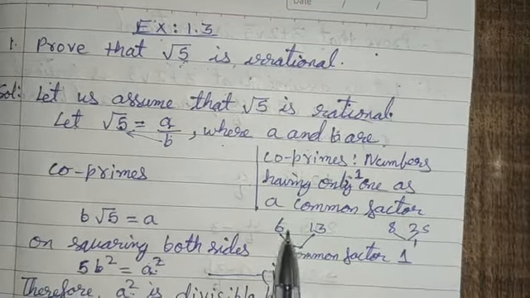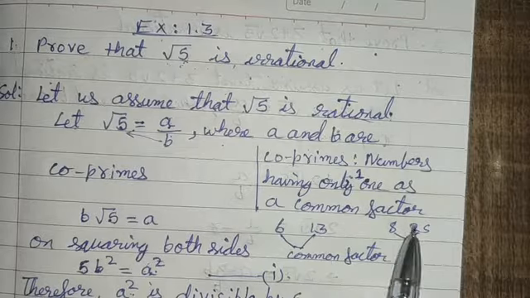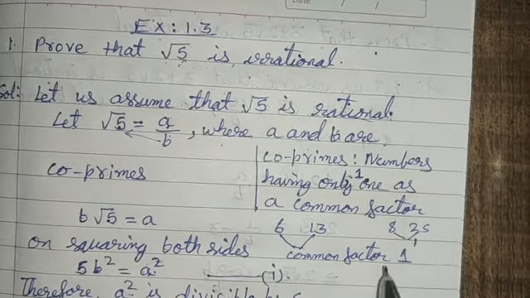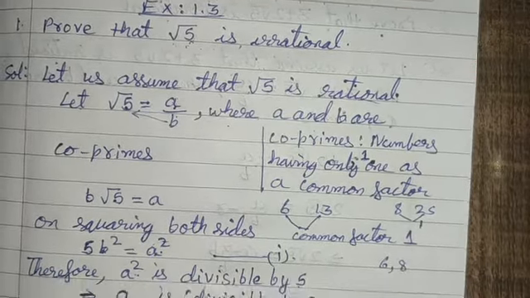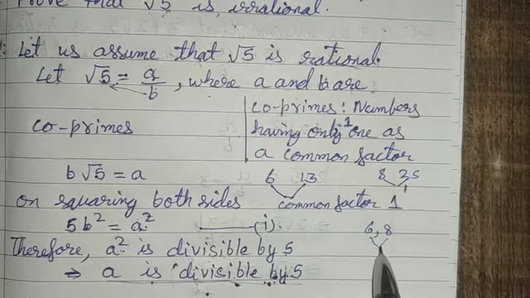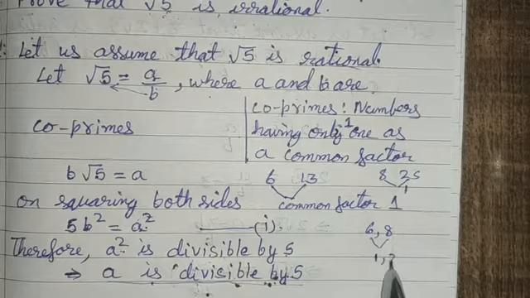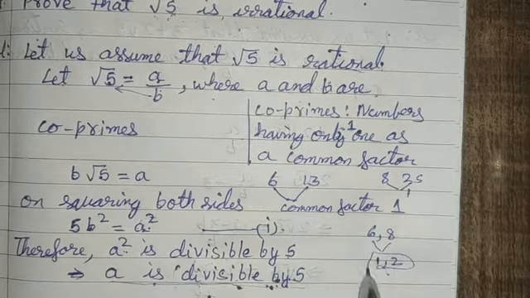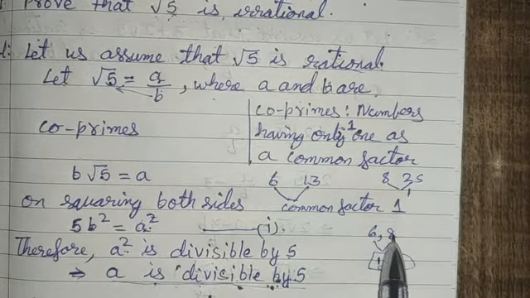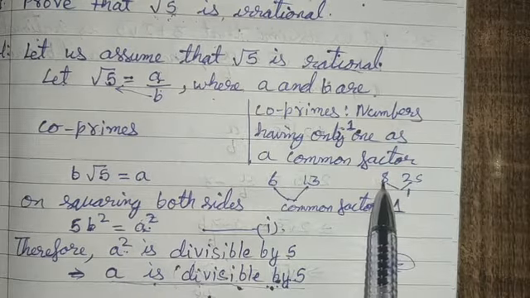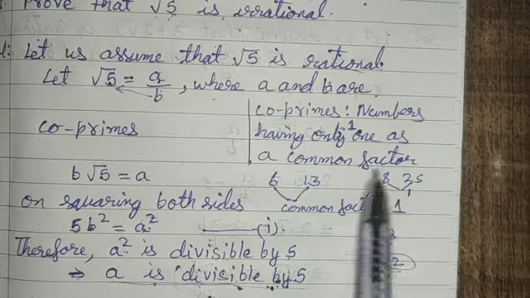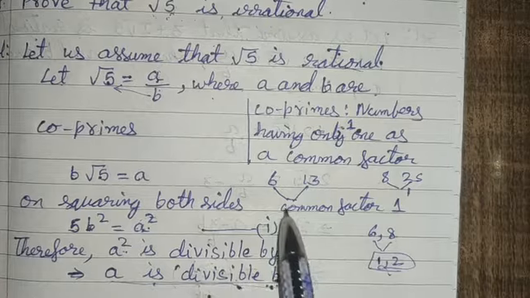That means 6 and 13 are co-prime, similarly 8 and 25 are co-prime, but 6 and 8 are not co-primes. These two are divisible by 1 and also 2, so they have two common factors. Therefore 6 and 8 are not co-primes, whereas 8 and 25 are co-primes and 6 and 13 are co-primes.